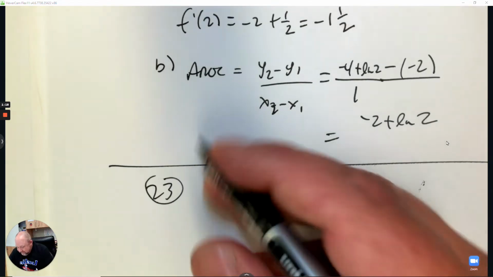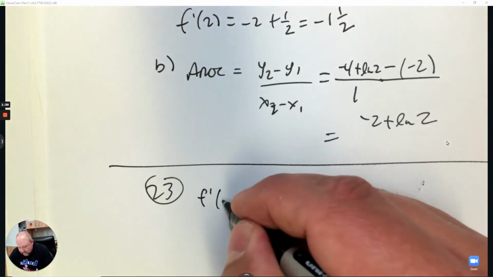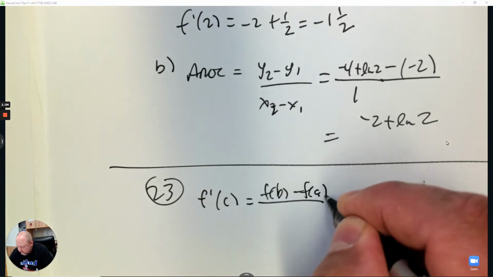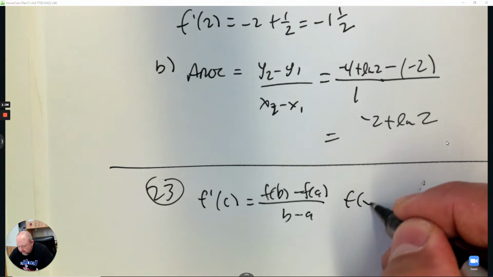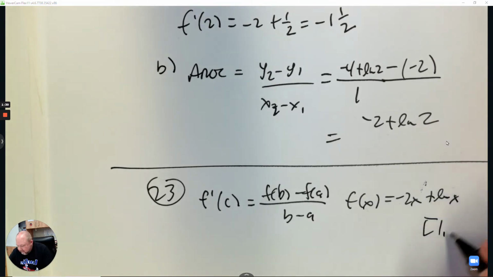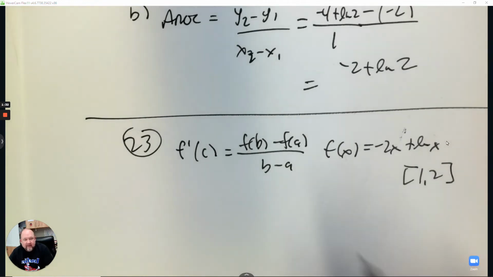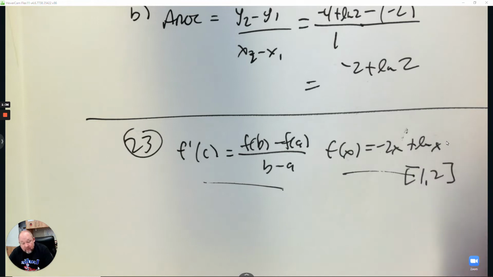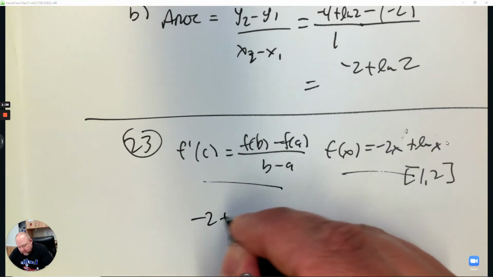23. All right, so this is AROC. And it's just what we did, right? So this is the mean value theorem, the MVT. When does the AROC equal this? And so we already did all the work. So we have -2 plus ln 2.